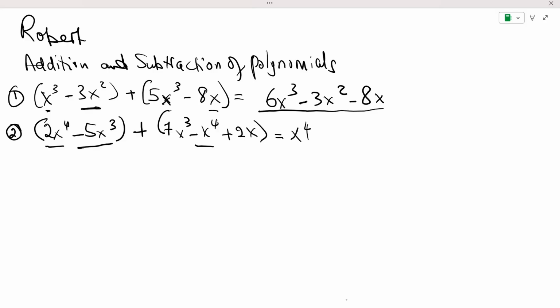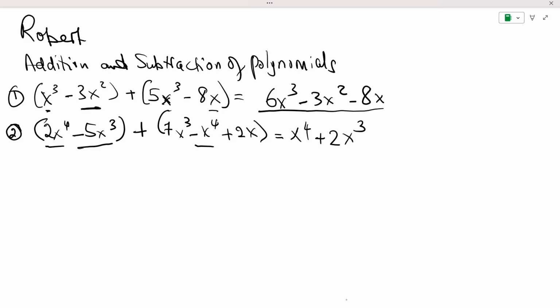It's minus 5x to the power 3. And in the second polynomial, we have 7x to the power 3. So we have minus 5x cubed plus 7x cubed. So this one will give us plus 2x cubed.